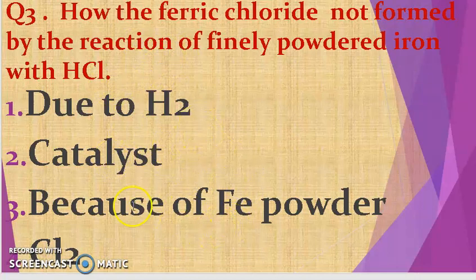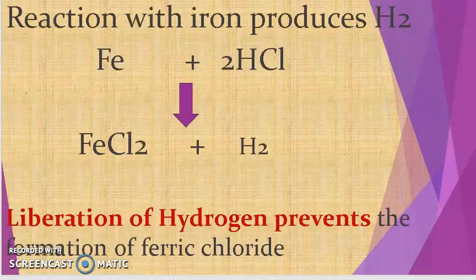Here they have 4 options, and from that we have to choose one option. That is due to H2, due to the catalyst, because of Fe powder, and also Cl2. These are the 4 options they have given. So let's go to the reaction. The reaction of iron produces hydrogen, am I right?